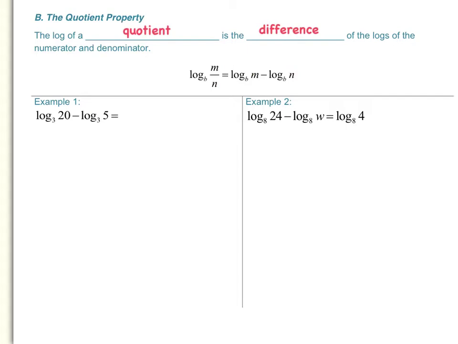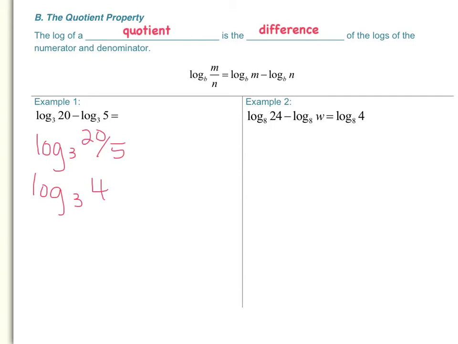We have log base 3 of 20 minus log base 3 of 5. Well, since we have the difference of these two logs, I can rewrite that as log base 3 of 20 divided by 5. And yes, you could go ahead and simplify that to be log base 3 of 4.